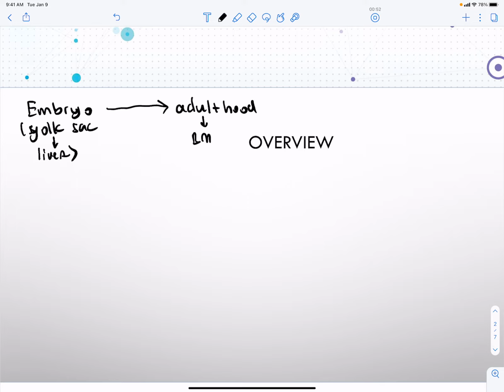Now, overall, with respect to hematopoiesis, it begins with what we now know as a pluripotent stem cell. And this pluripotent stem cell is what we refer to as self-renewing.